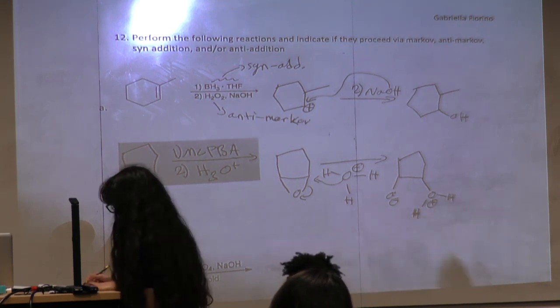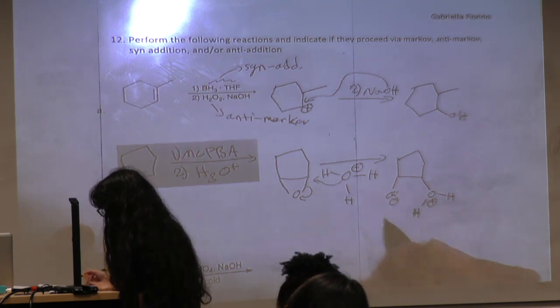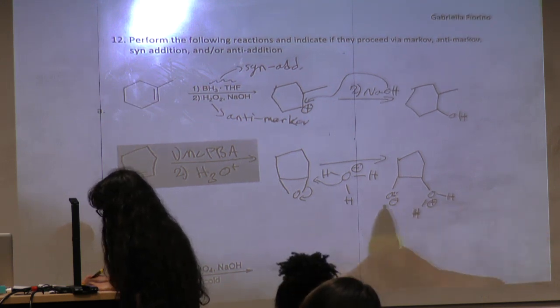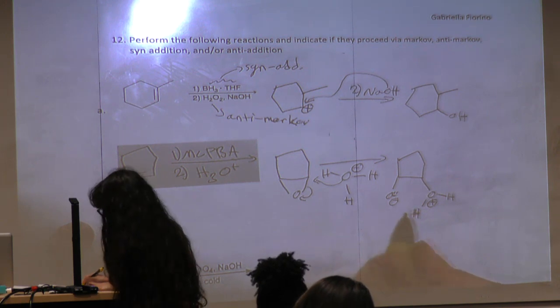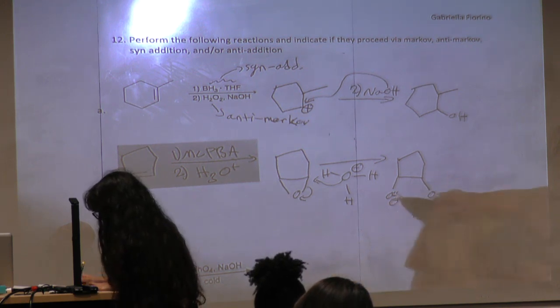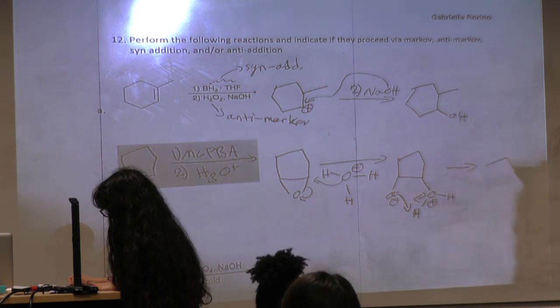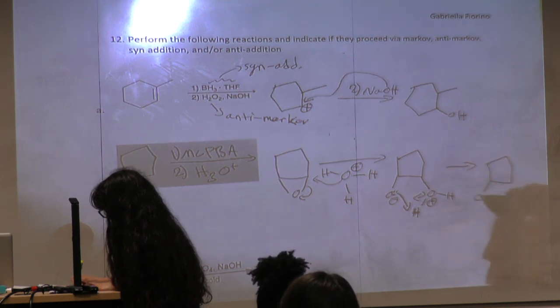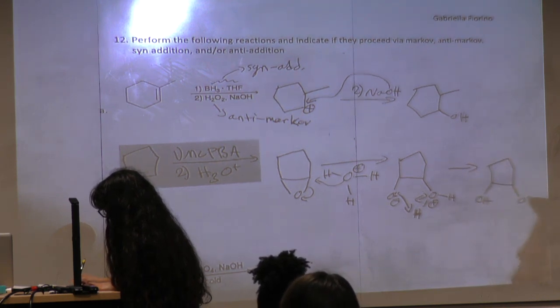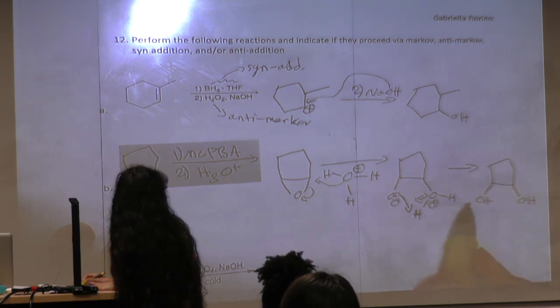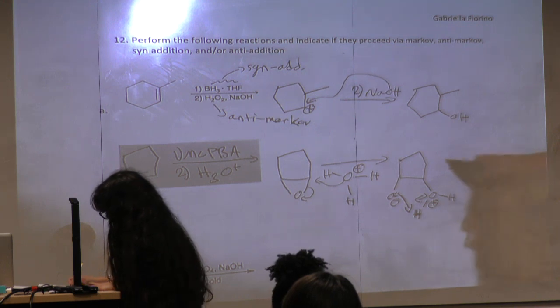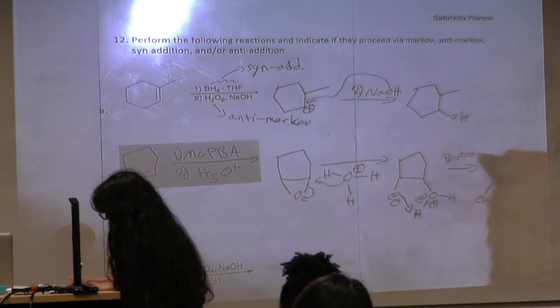Or what you can do as a little shortcut is a proton transfer. So this is negatively charged, this is positively charged. Just pick off a proton from right there, and you get OH with OH. So if you want to do it the long way, you can. Don't do this if you don't feel comfortable. But this is just a big shortcut.